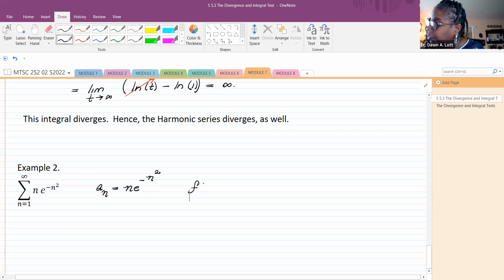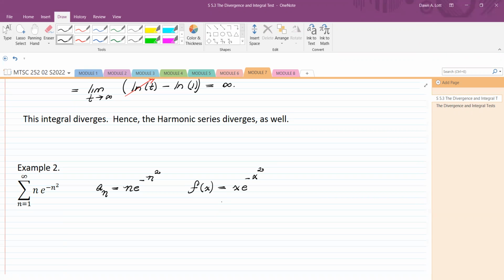So therefore my f of x is going to be x e to the negative x squared. Okay, Prentice, does that make sense now? Yes, so we're substituting the x for n, and then we're going to take the integral.